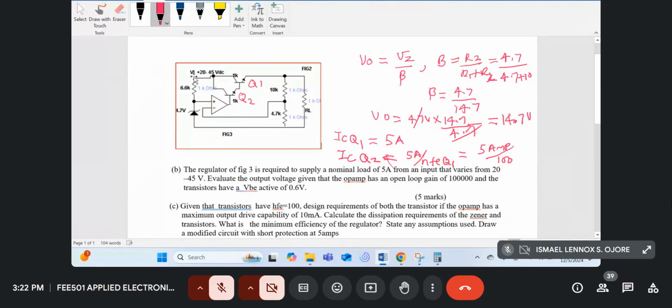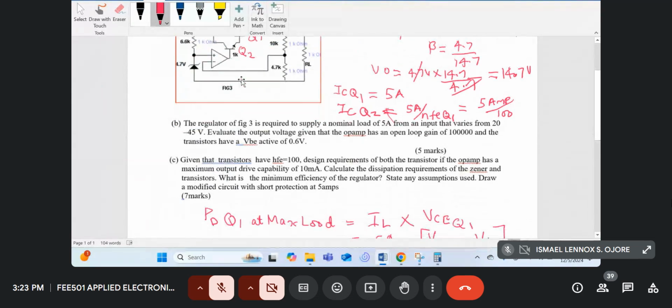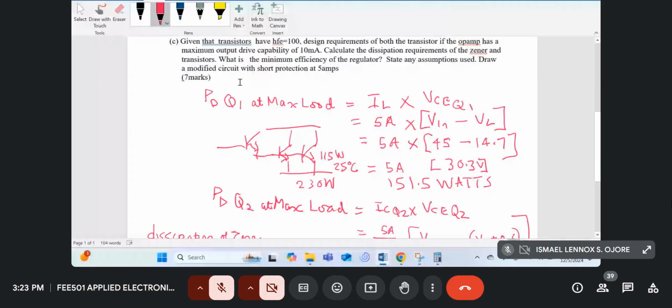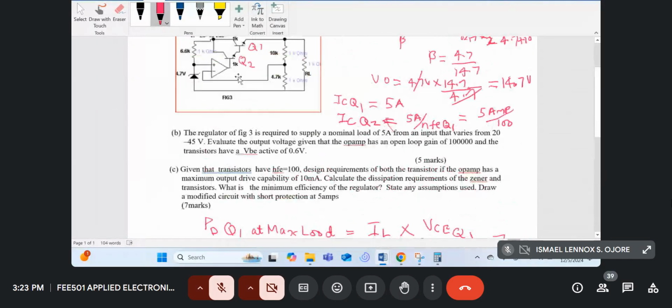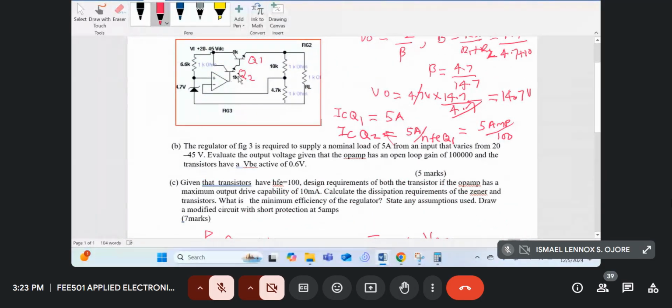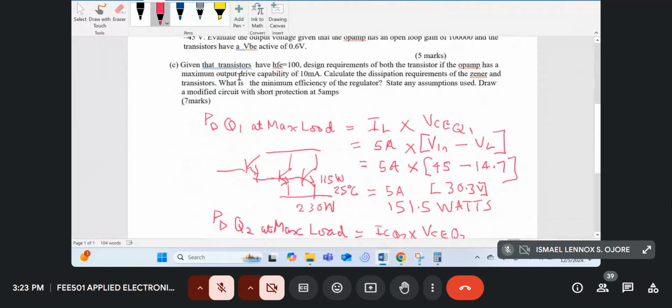When the input voltage is 20, the current through this 6.6K, which is the same current through the Zener, is (20 minus VZ) divided by 6.6K. But that's not the worst case. The highest current will flow when the input voltage is 45.